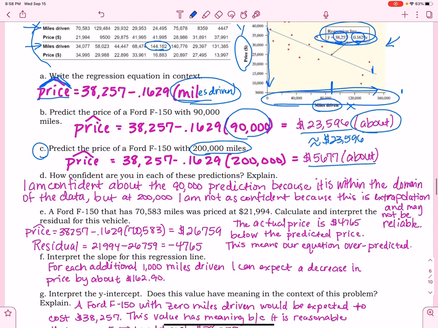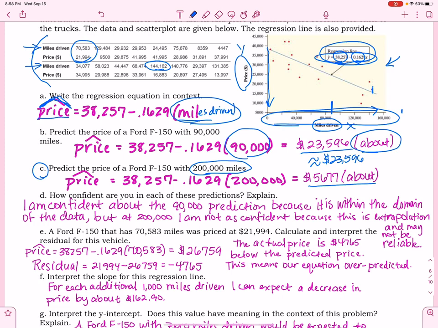Okay, for part E, a Ford F-150 that has 70,583 miles was priced at 21,994. Okay, so this is an actual data point. Okay, so this is an actual value, but we're being asked to calculate and interpret the residual for this vehicle. That means we have to find the predicted y because remember, a residual is the actual y minus the predicted y.